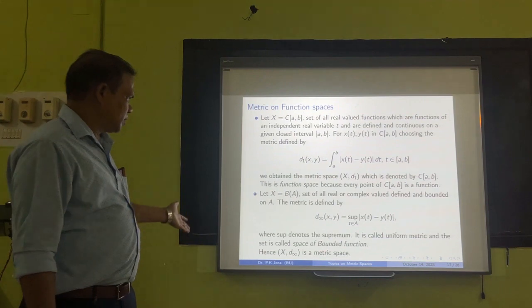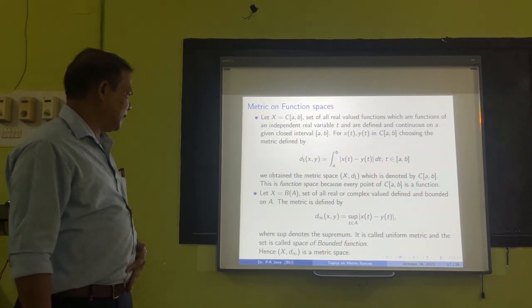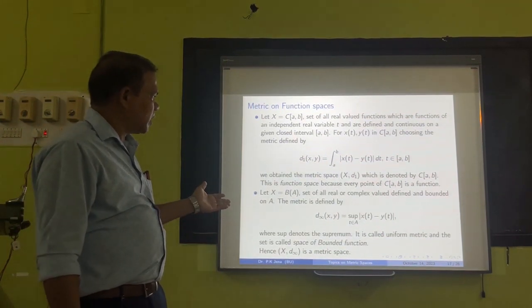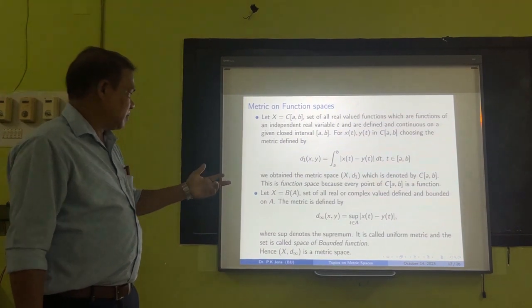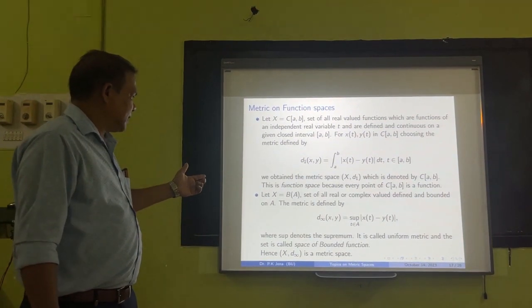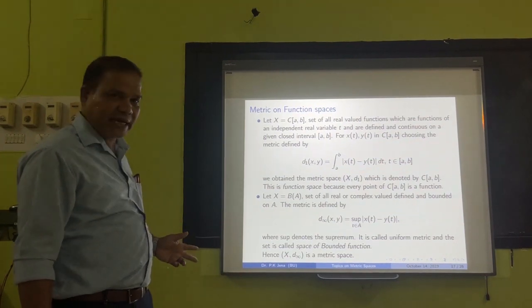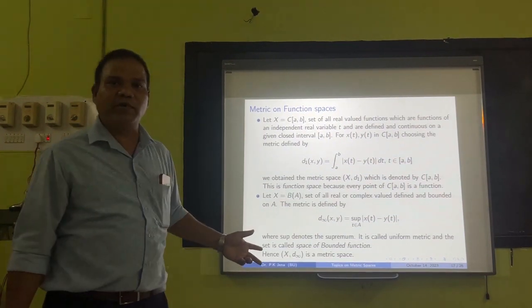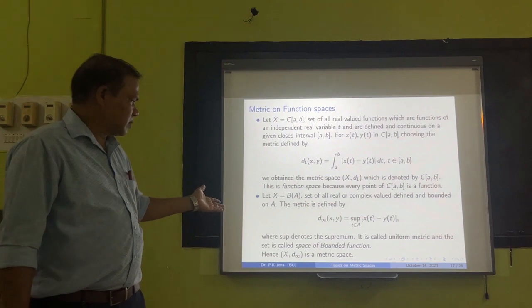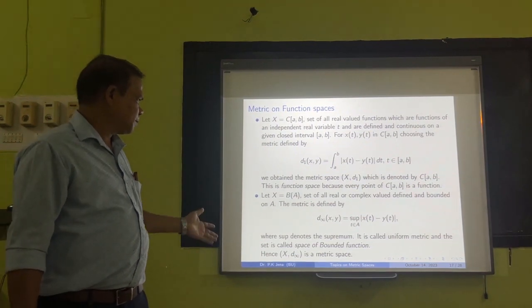The sup denotes the supremum. It is called the uniform metric, and the set is called the space of bounded functions.